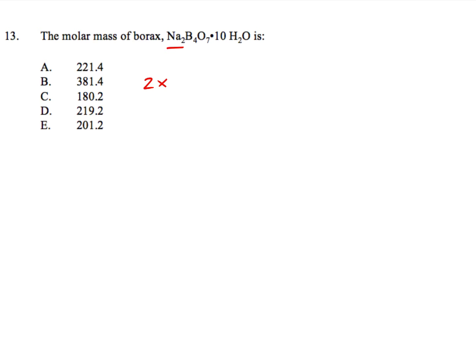So we do 2 times the molar mass of sodium from the periodic table, 22.99. Okay, next, let's do the boron. There's 4 boron atoms. Its molar mass is 10.82.